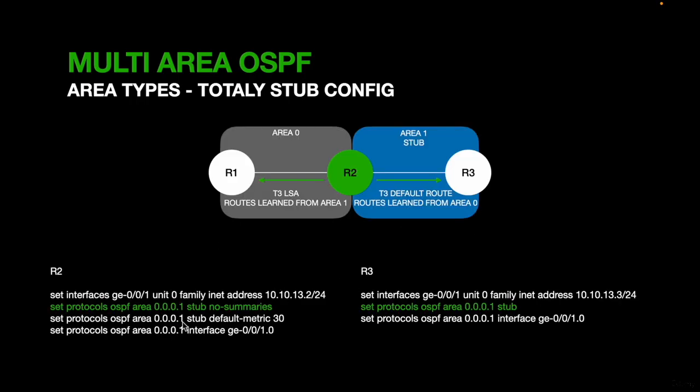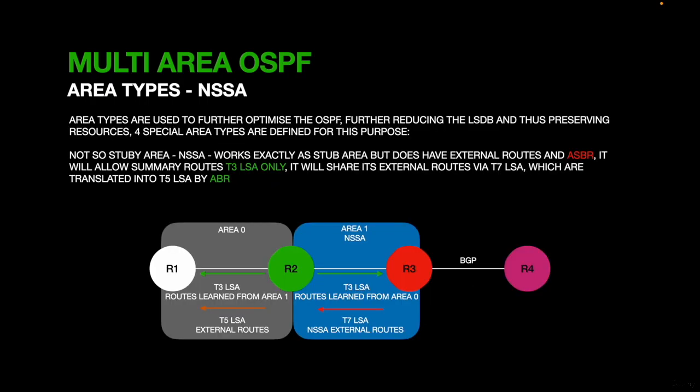R2, and after the packet is delivered to R2, it will know what to do with the packet. Configure it the same way, but for the ABR router you configure stub no summaries, and you also add the default metric. And the configuration on R3 is also the same. We can also have the not so stubby area, and in the not so stubby area we'll have the ASBR.